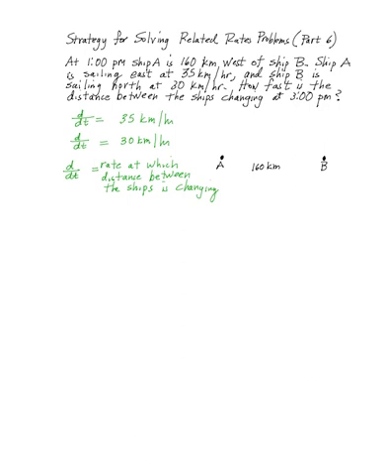Well, what is changing at a rate of 35 kilometers per hour? Look back at the picture. A is moving to the right. Ship A is moving east. So point A is moving along this horizontal line segment to the right.